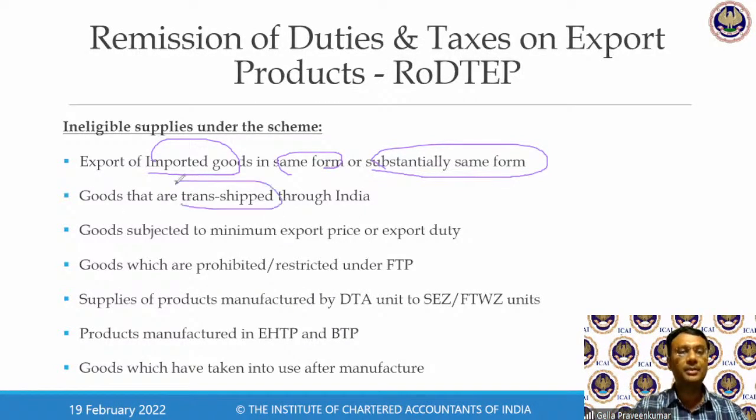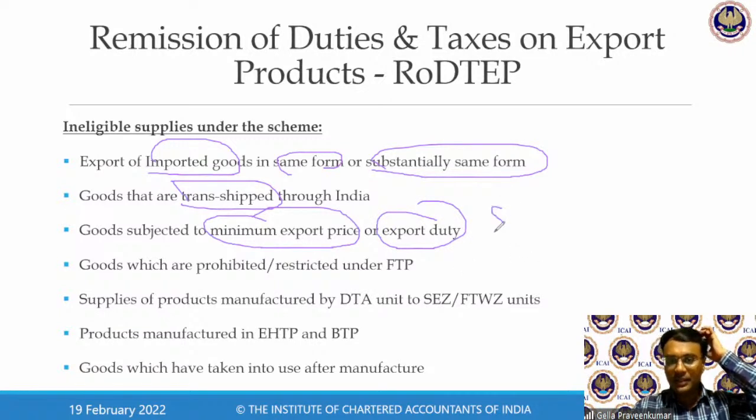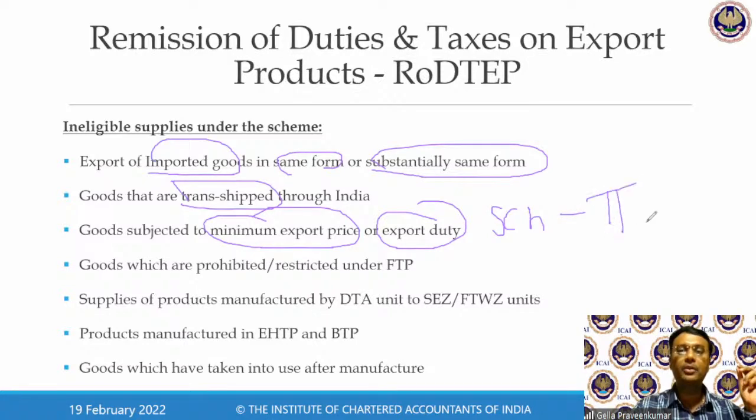Goods are transshipped from a third party nation, came into India and transshipped through India. I cannot call that an export. Then there are goods where a minimum export price is declared or there is applicability of export duty. When I look into Schedule 2 of the Customs Tariff Act, there are a few goods for which there is a minimum export price.